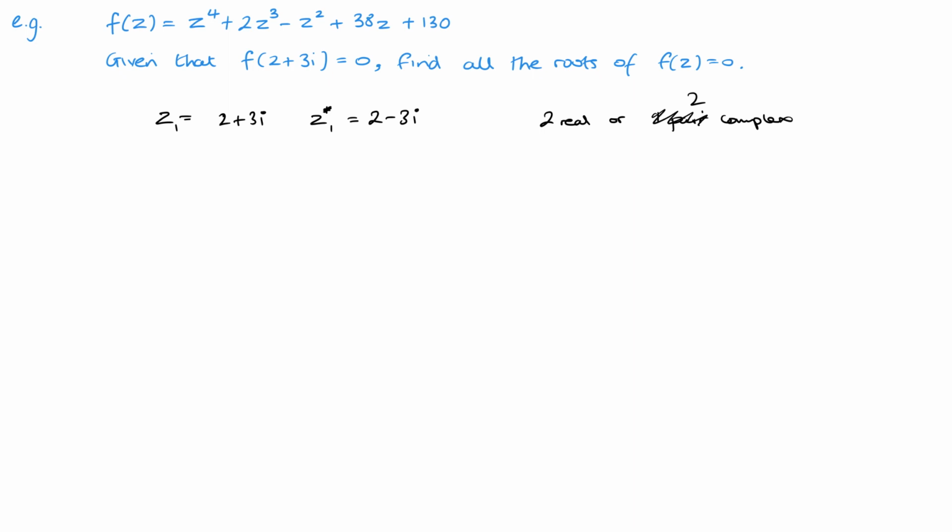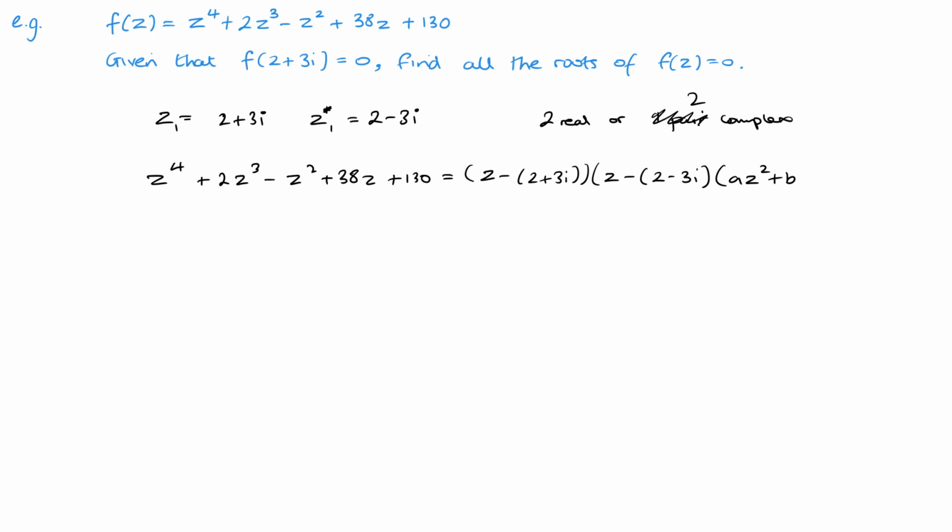What we're basically looking at is z^4 plus 2z^3 minus z^2 plus 38z plus 130, which is equal to z minus 2 plus 3i and z minus 2 minus 3i, and then of course a z^2 plus bz plus c.